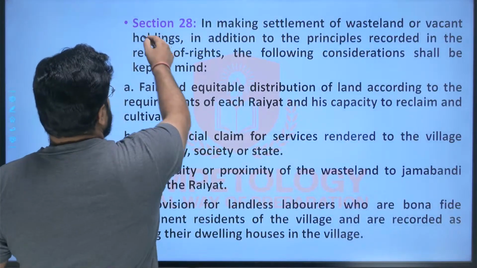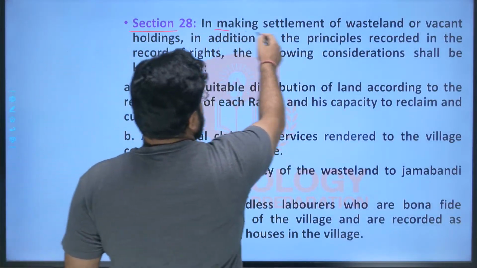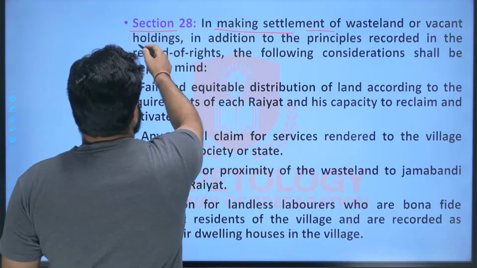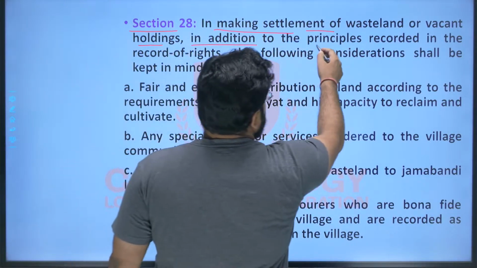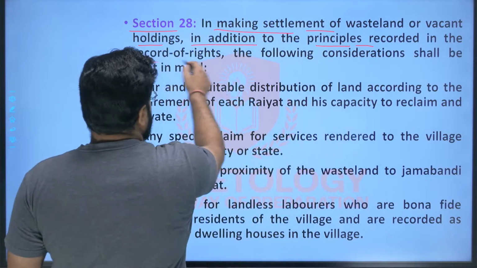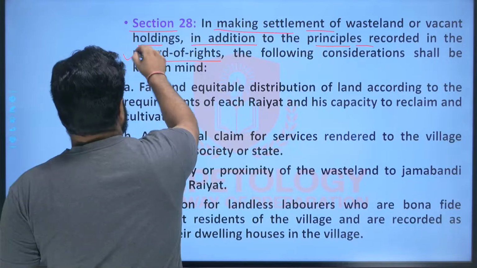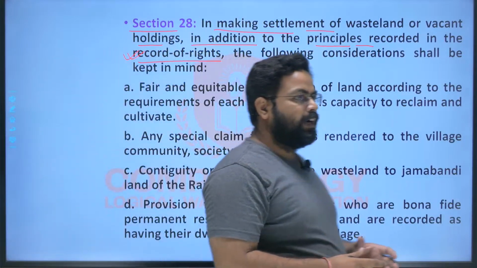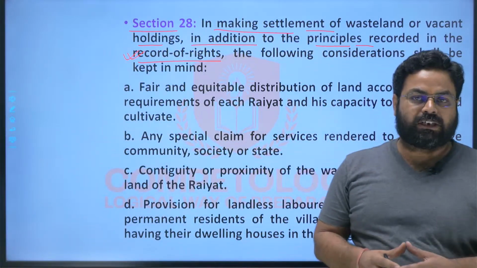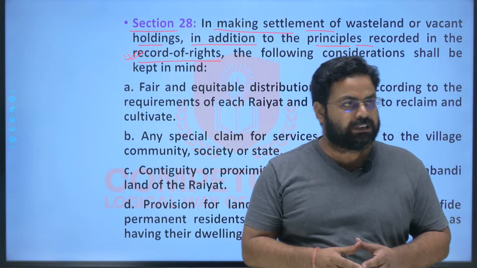Now section 28 says that in making the settlement of the wasteland or the vacant holding, in addition to the principles recorded in the record of rights, so in the record of rights some principles are mentioned already, that how the vacant land can be used, to whom it can be allocated, or with whom it can be settled.